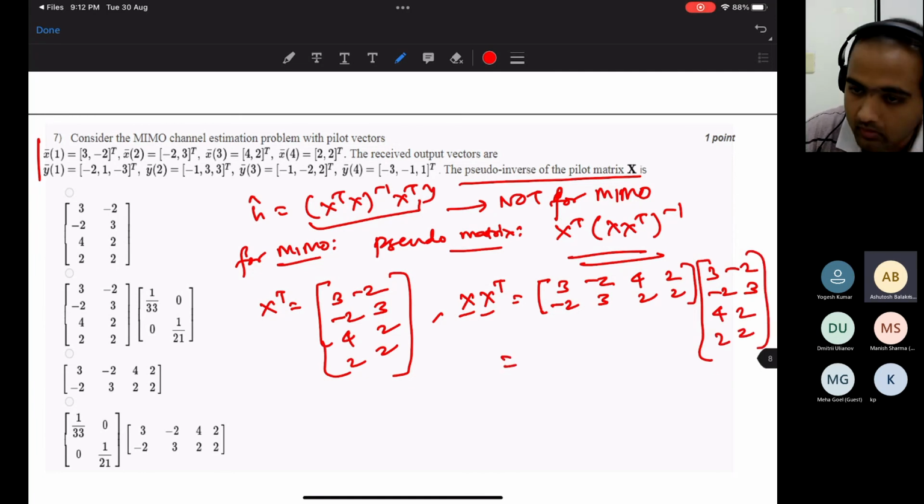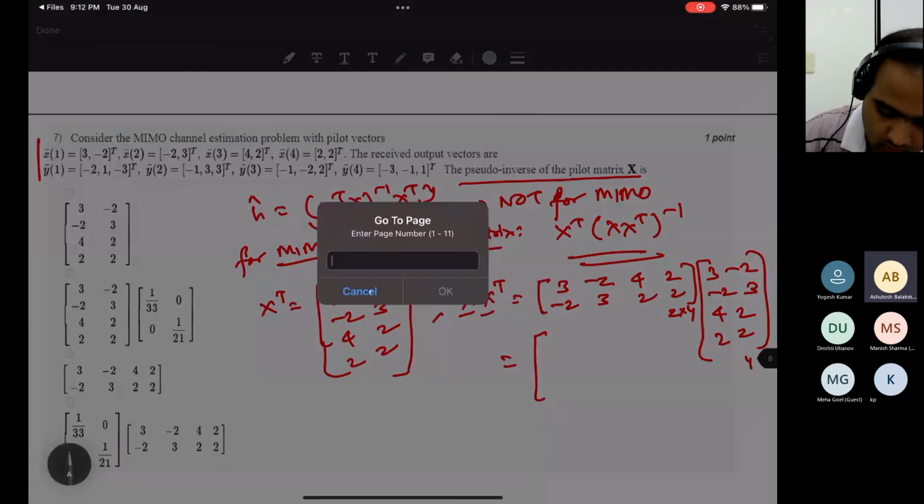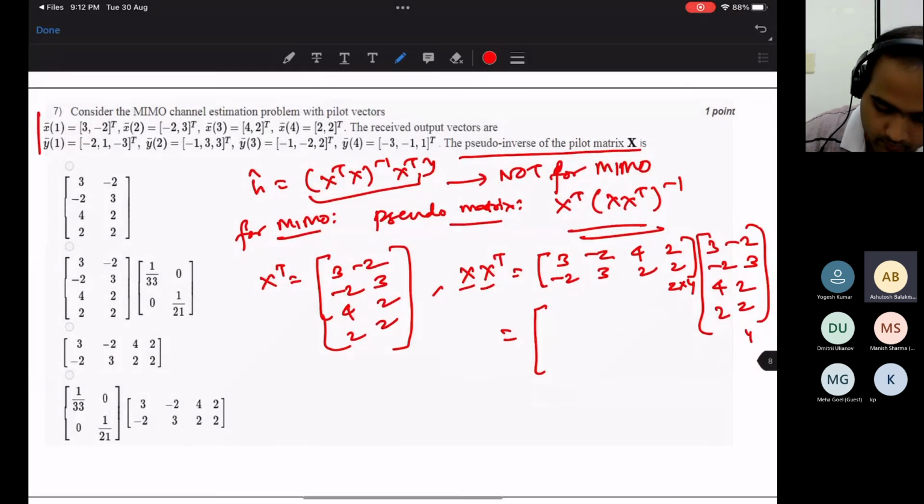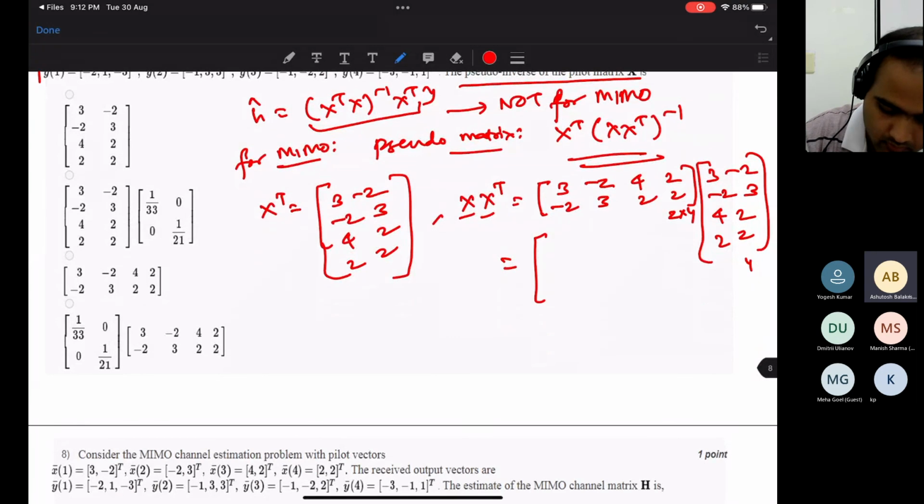We have a 2 cross 4 and a 4 cross 2, so we'll get a 2 cross 2 matrix.